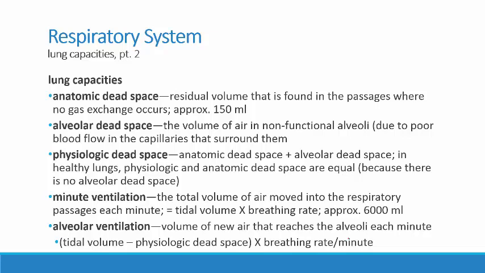So it's dead space because it's just in places where there's no capillary network to pick up blood, where the wall of the respiratory passage is so thick that no oxygen can diffuse out or CO2 can diffuse in. So we're looking here at just that area where no gas exchange can occur. And of the 1,200 or so residual volume, 150 mils of that is anatomic dead space.